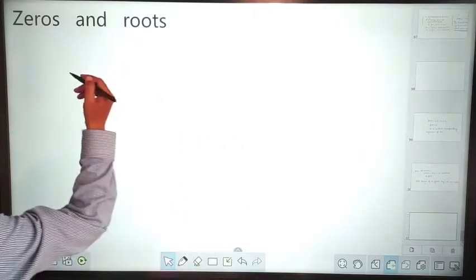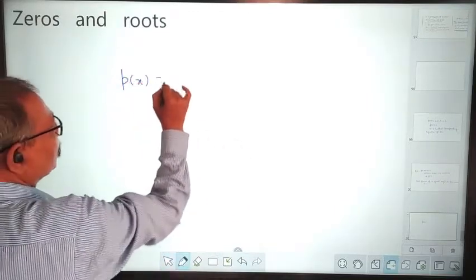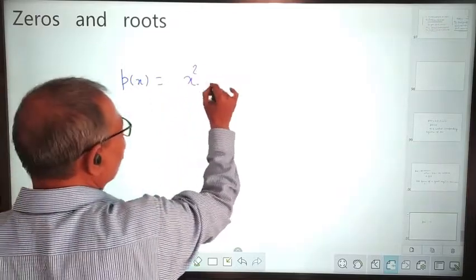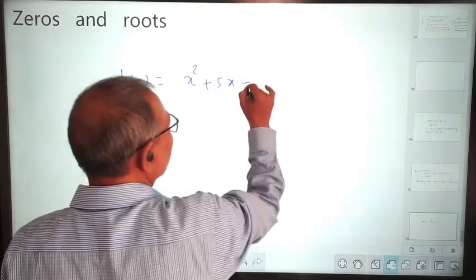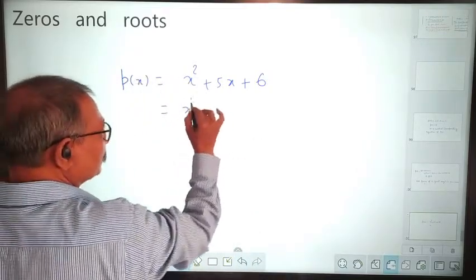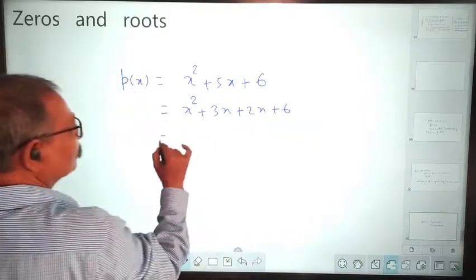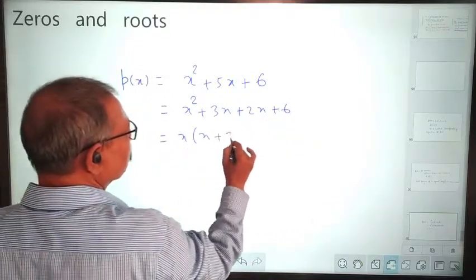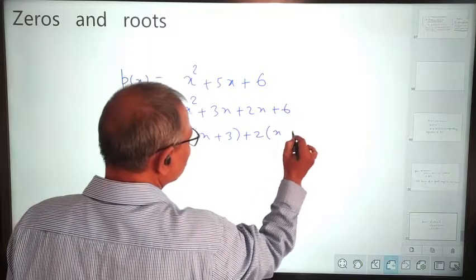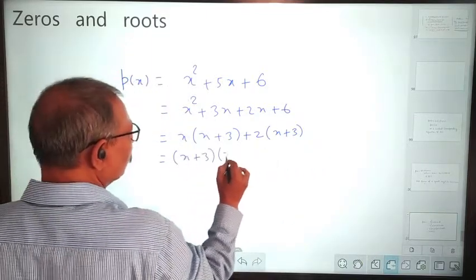Suppose we have a polynomial like this: P(x) = x² + 5x + 6. We can factorize this as x² + 3x + 2x + 6, so x(x + 3) + 2(x + 3), taking x + 3 as common, (x + 3)(x + 2).